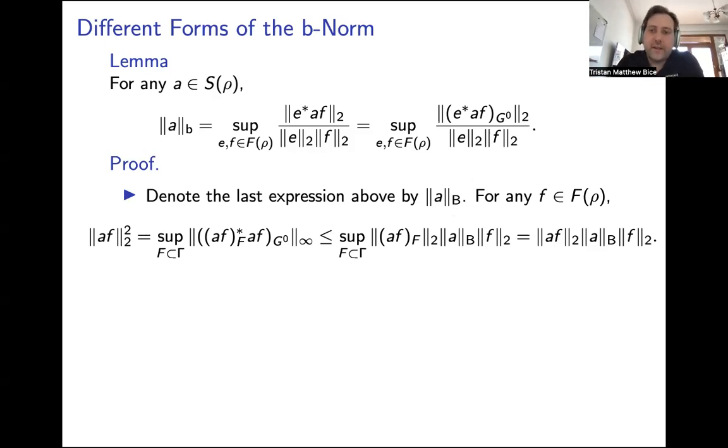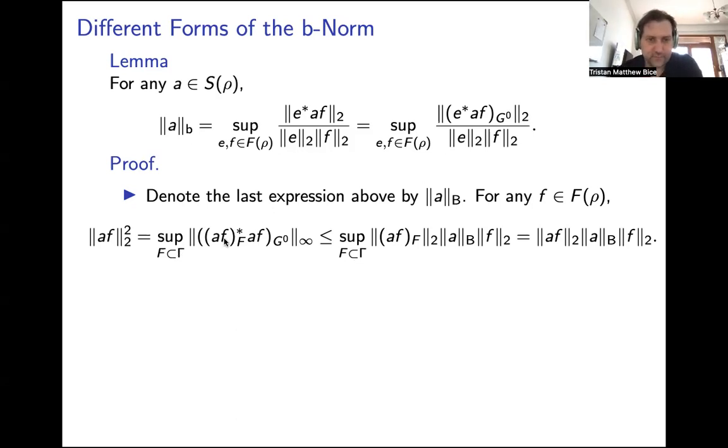So take now any arbitrary finitely supported section, look at the 2 norm squared, then by definition, this is the supremum of all of these infinity norms. I mean, normally you would put the finite restriction onto the right-hand side, right? But you can equally well put the finite restriction on the left-hand side. I've got gammas here. These gammas at the bottom here, these should really be G's. Sorry.